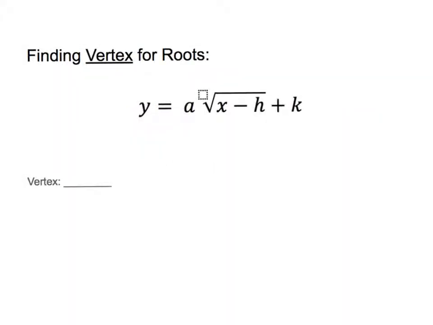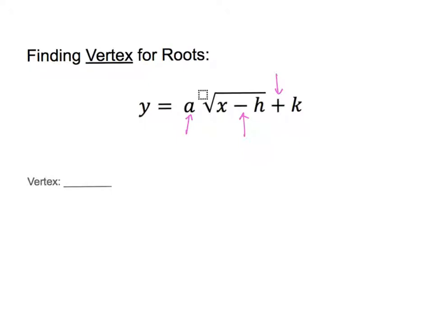All right, now let's tie in how to find vertexes for all given roots. Now, in the previous slide, you might have noticed that there weren't any shifts in those roots. But let's talk about when there are shifts. So looking at this equation here, let's talk about three components: this a, the negative sign, and the positive sign here. So the signs on the inside of the square root tell us, you might already guess it, just like the bell work where inside the parentheses, a negative means right shift.